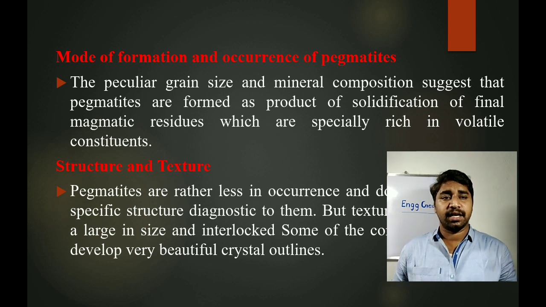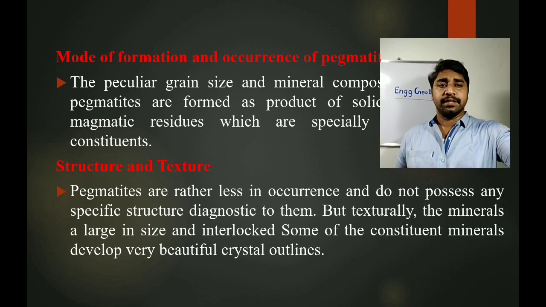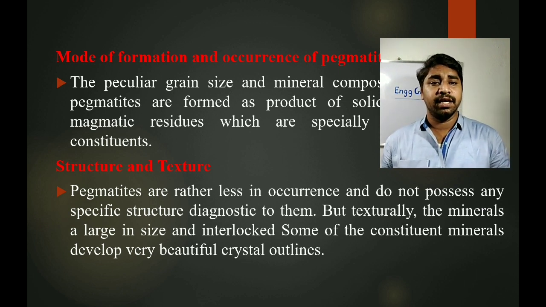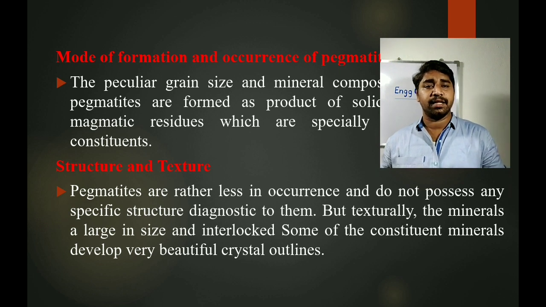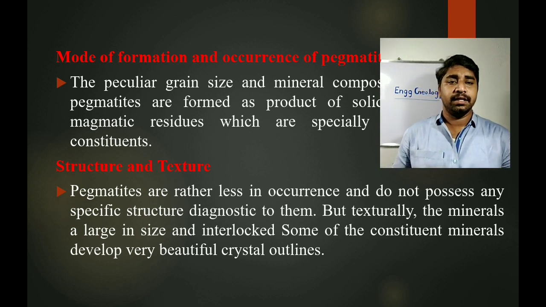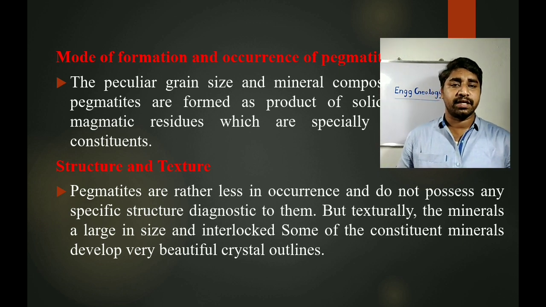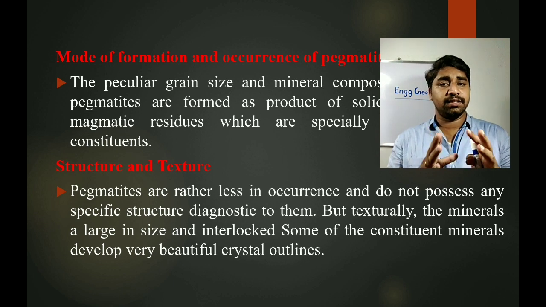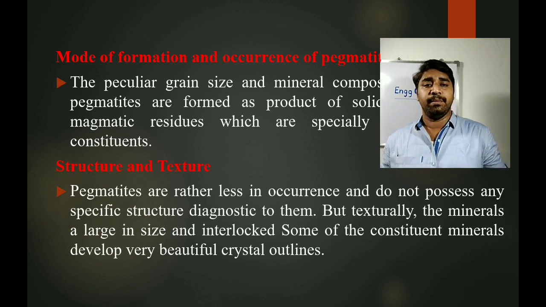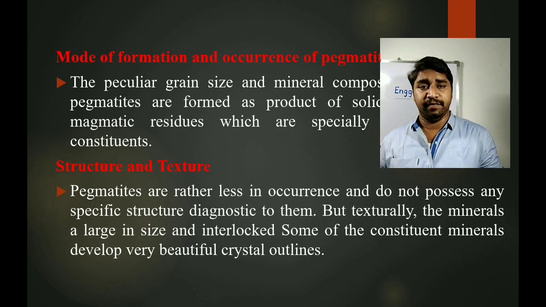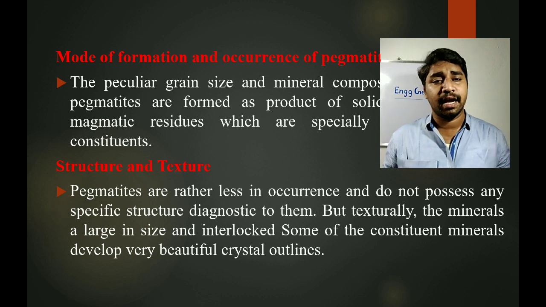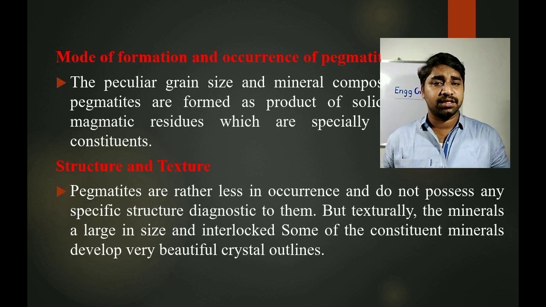And next one, structure and texture. Pegmatites are rather less in occurrence and do not possess any specific structure to identify them. But texturally, the minerals are large in size and interlocked. Some of the constituent minerals develop very beautiful crystal outlines. The minerals present are in larger quantity in pegmatites, so they are bulkily available, and we cannot identify a structure and texture for easy identification.